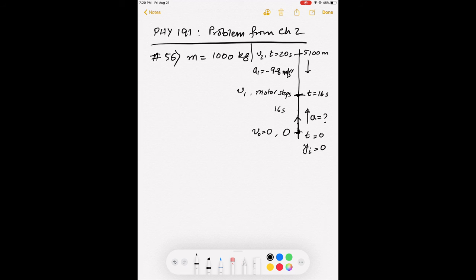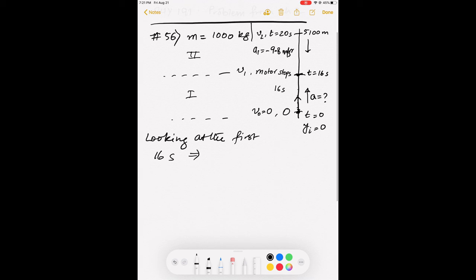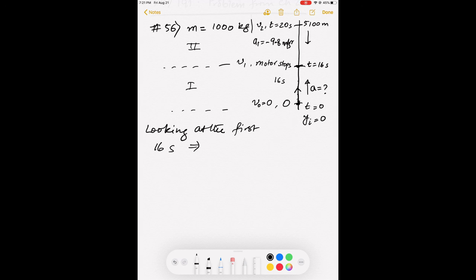Looking at the first 16 seconds, of course you can understand that we are dividing the problem into part 1 and part 2. In part 1 you have a set of values. So looking at the first 16 seconds, we can now have a couple of equations.